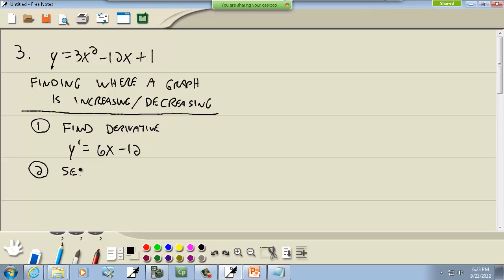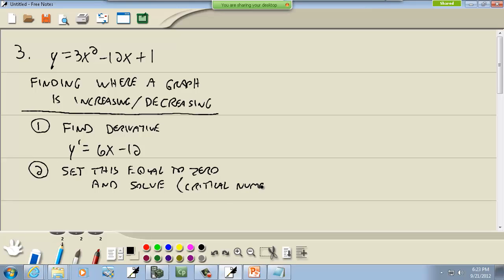Step 2. Actually, I know it's a derivative. Set this equal to 0 and solve. Now remember what these are. These are our critical numbers, critical values.